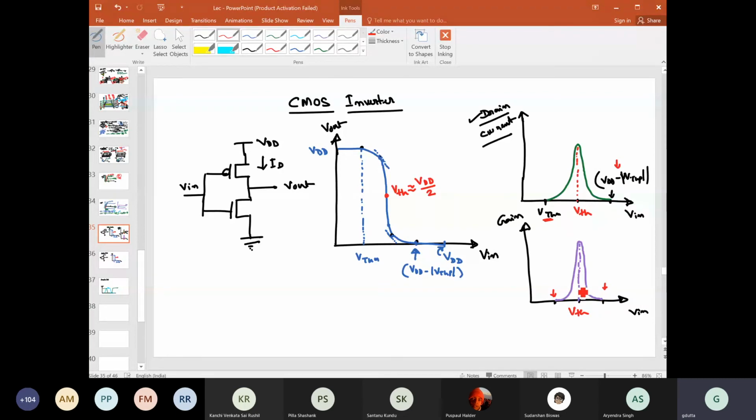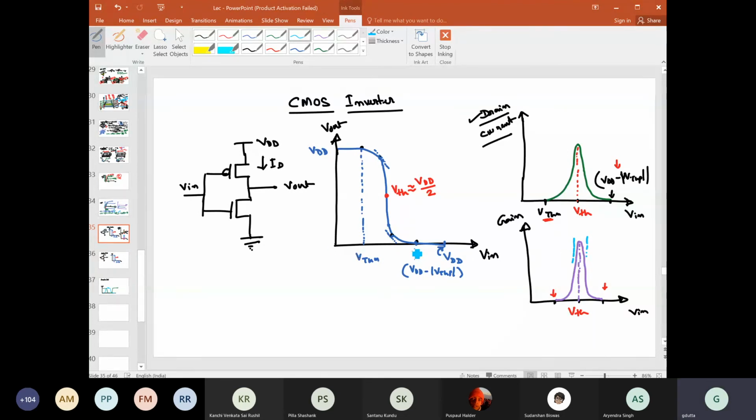So the question is, is it possible to use the CMOS inverter as an analog amplifier? Obviously you can, you know the answer, right? It is yes, it is possible, but you need to remember a couple of things: your amplifier provides gain only in this region, otherwise the gain will decrease a lot, right?